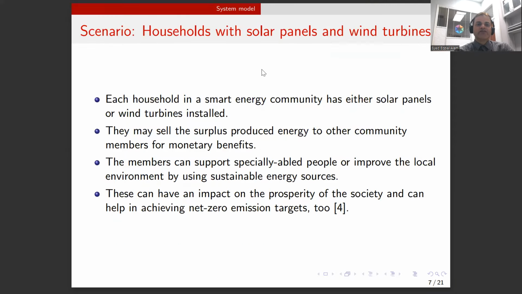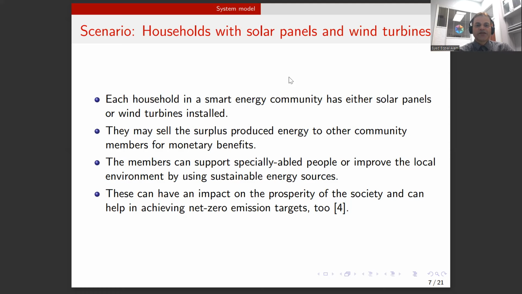Now suppose a scenario in which the community has households and each household has either a solar panel or a wind turbine installed. So we will consider the case of heterogeneous energy sources, and the community can sell the surplus energy. If they produce more energy, then they can sell it to other community members or outside the community to gain some monetary benefit.